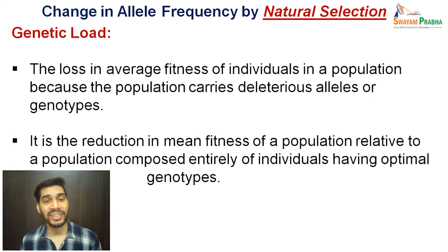It is the reduction in mean fitness of a population relative to a population composed entirely of individuals having the optimal genotype. So this term is very important when we discuss fitness of a population.